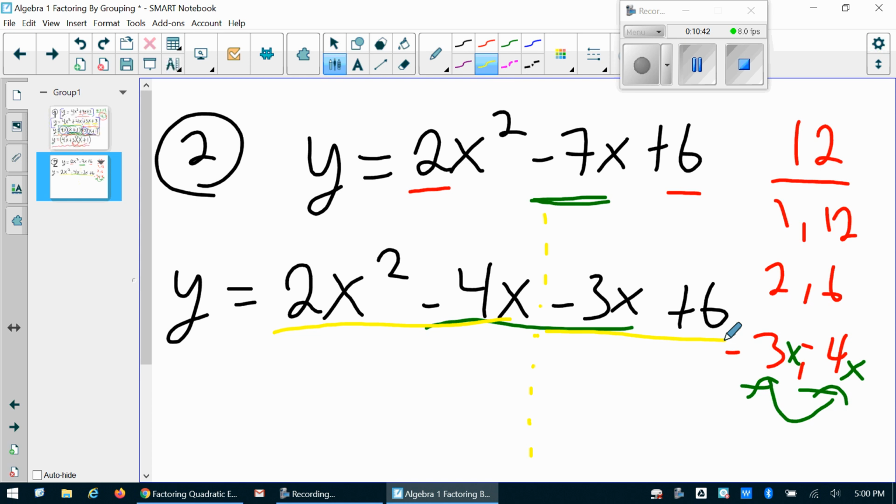Do you notice that the 2 and the 4 have common factors? So do the negative 3 and the 6. Okay, so that's why I did that. If I put the 3 next to the 2, those don't have any common factors. So in the end, you would get the same answer. But I feel like this is a little bit easier, but it is your choice.